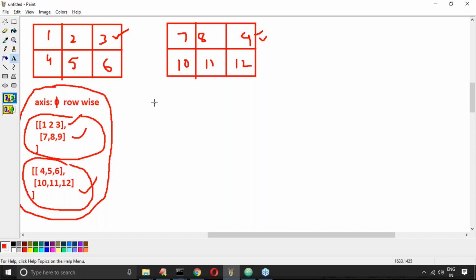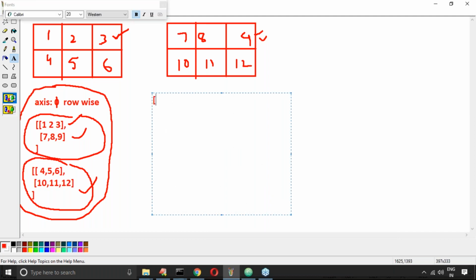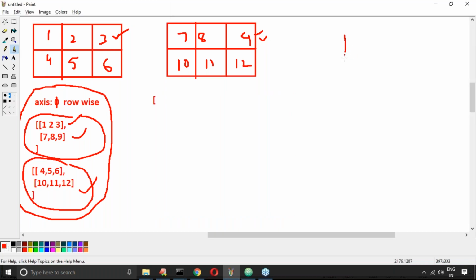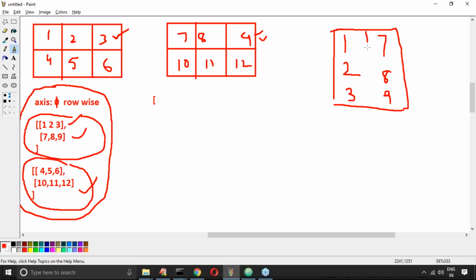We have to stack column wise. Now observe: 1, 2, 3 will become the first column in the 2D array, and 7, 8, 9 will become the next column in the 2D array. This is the first 2D array. Can you please confirm, am I getting the same thing?